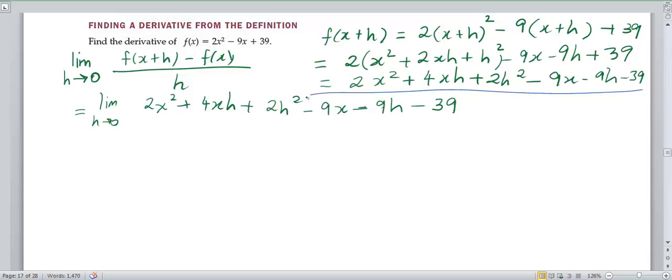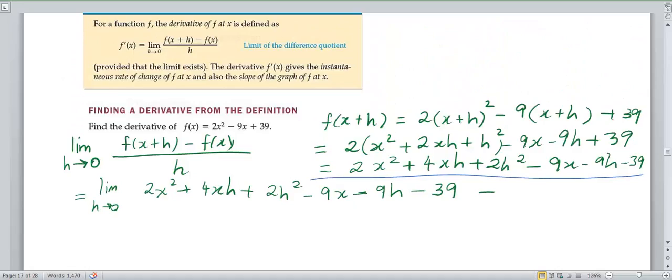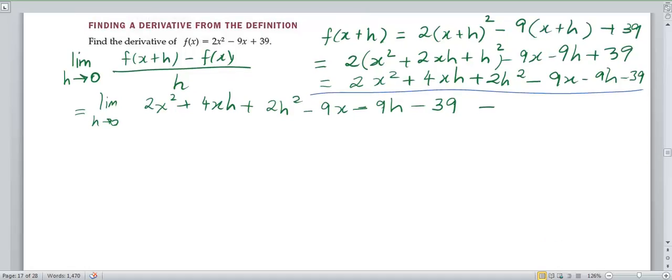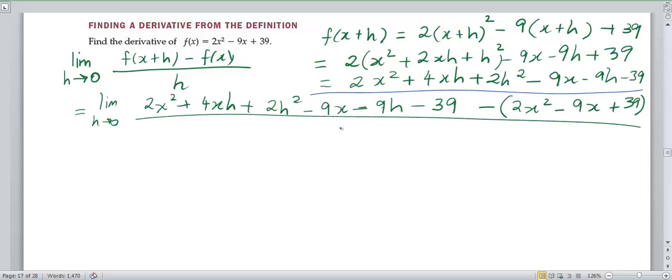That is only f of x plus h. From that, you're going to subtract the original f of x. The original f of x is 2x squared minus 9x plus 39. And don't forget to put this in parentheses because it's all of f of x being subtracted. Then distribute that negative, and all over h.